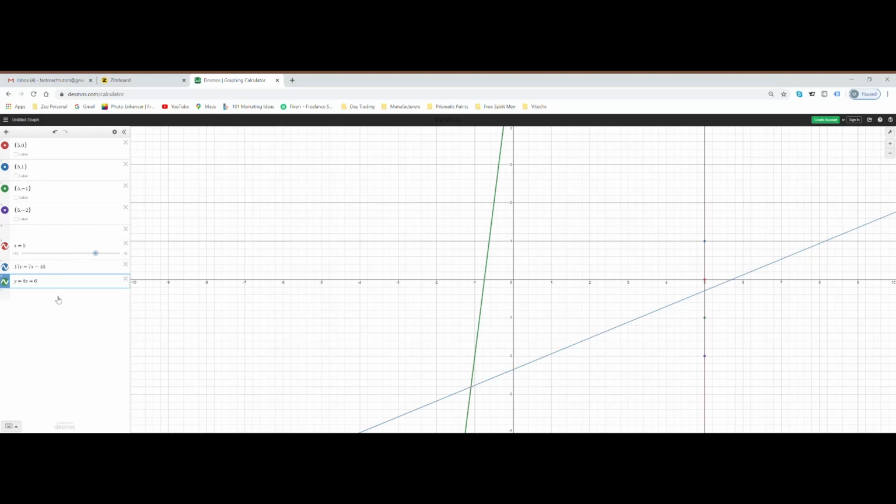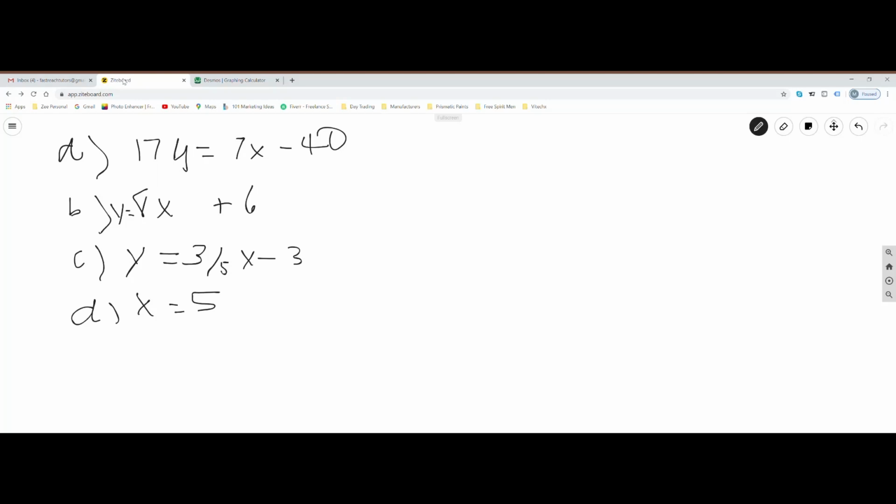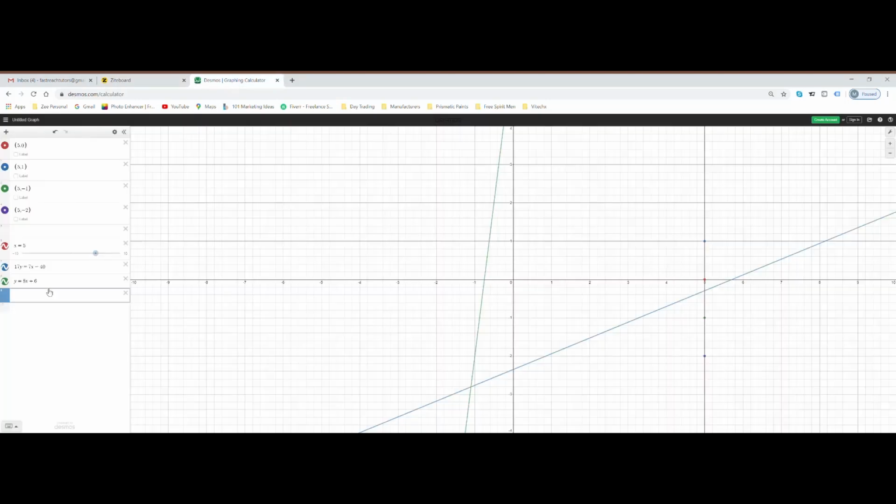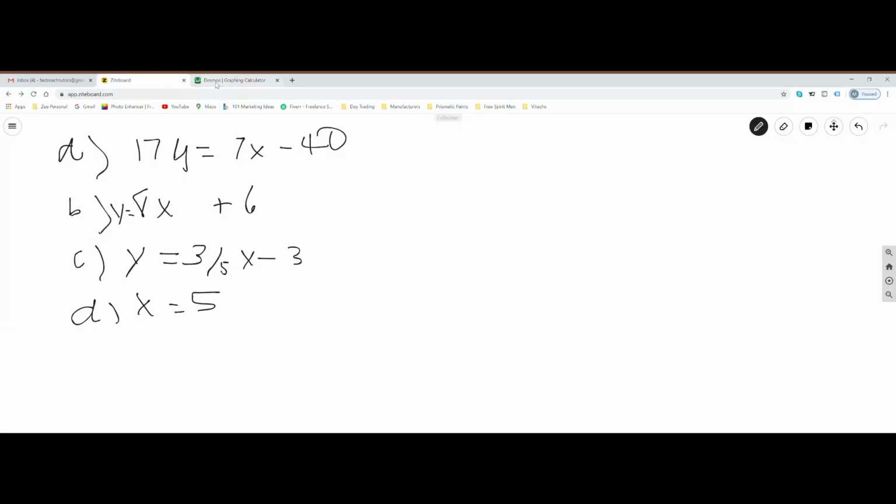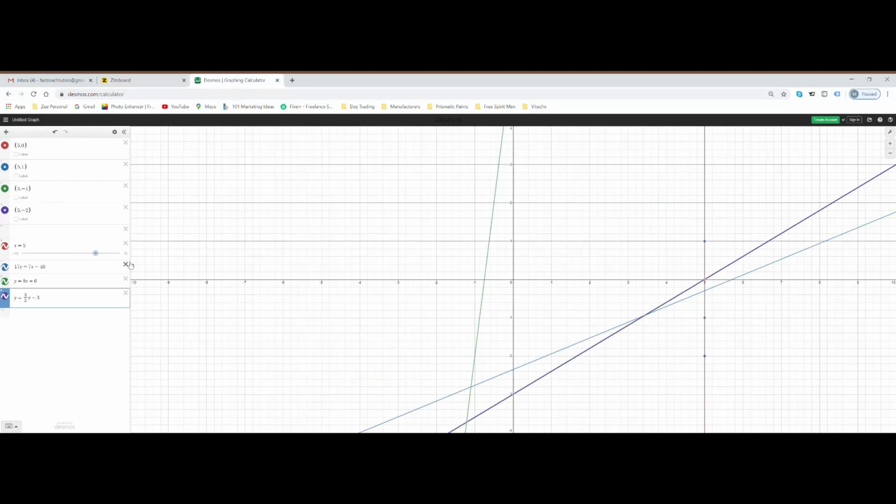That's that one. And the last one is y equals minus 3. So let's just remove these. Now we have all of the graphs for the 4.